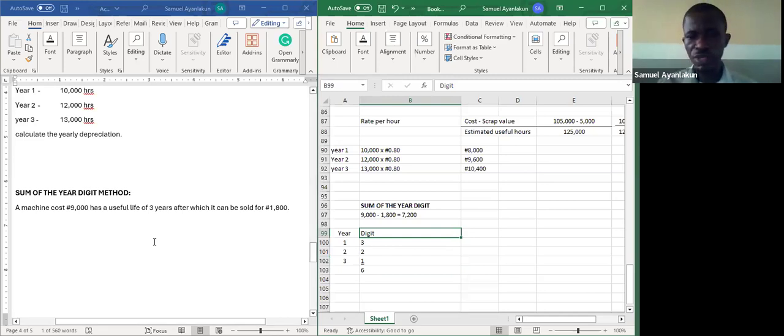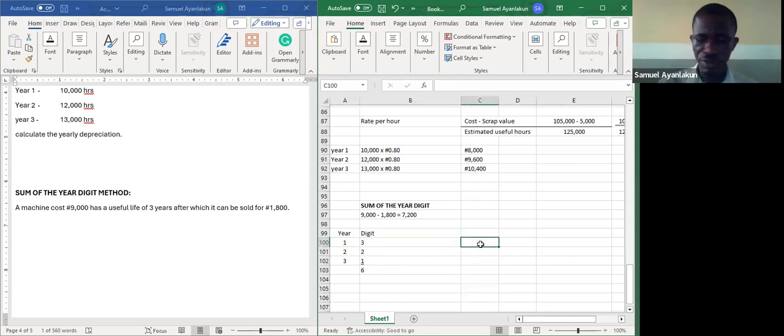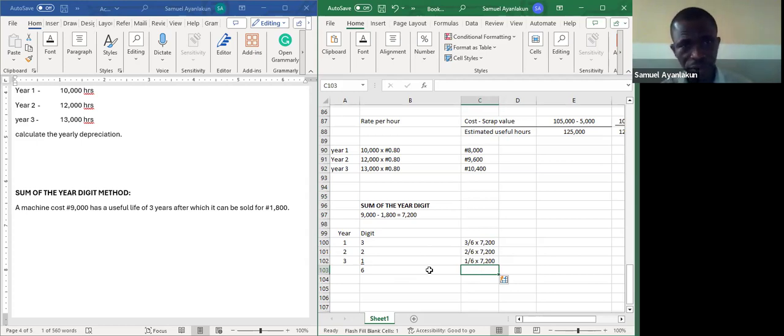So how do you now start your calculation? For the first year, it is 3 divided by 6 times 7,200.